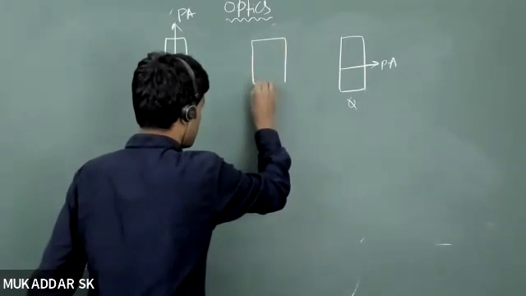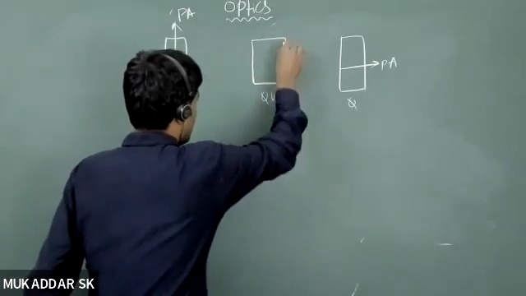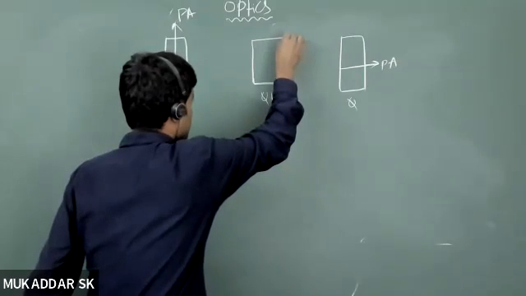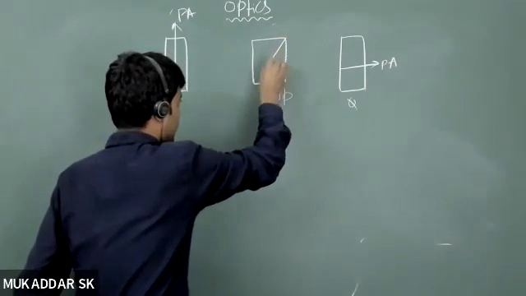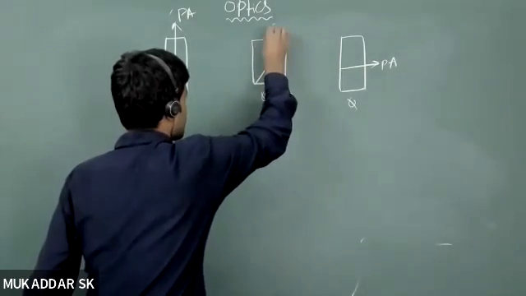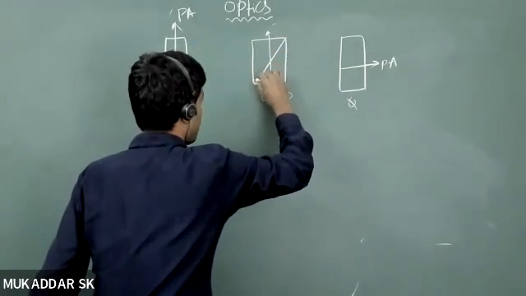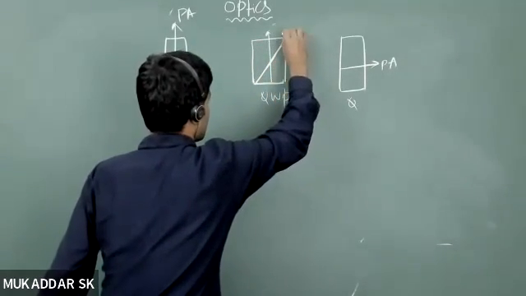The optic axis of the quarter wave plate is making an angle of 45 degrees with respect to the pass axis of polarizer P. So this is the optic axis of the quarter wave plate.